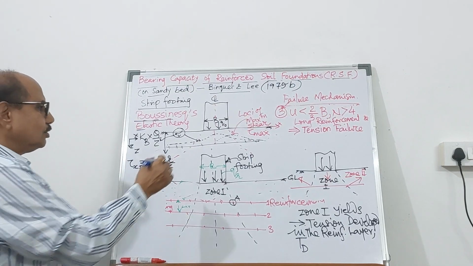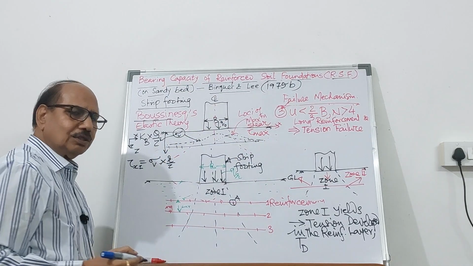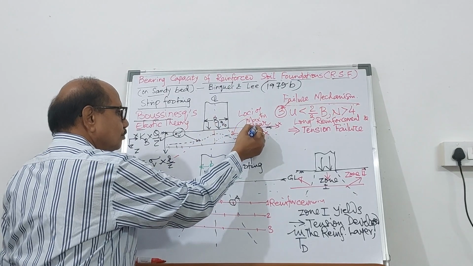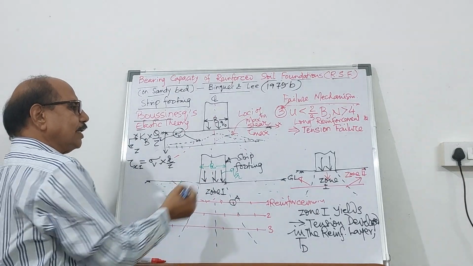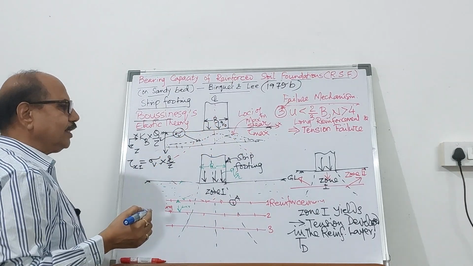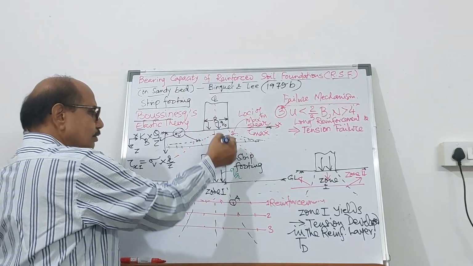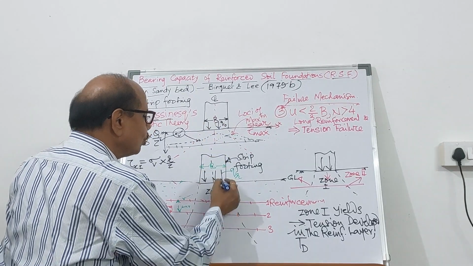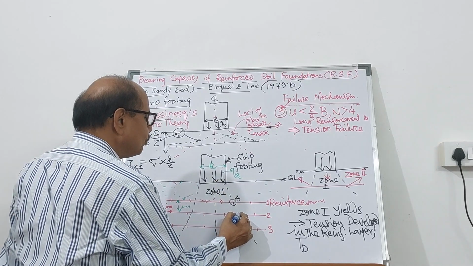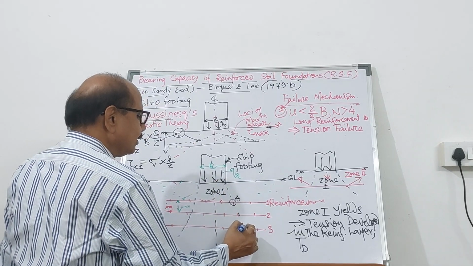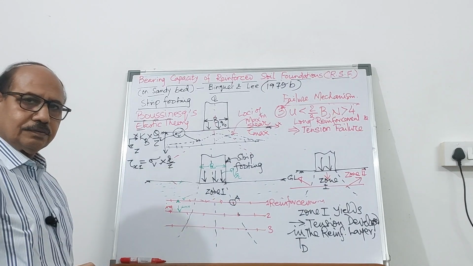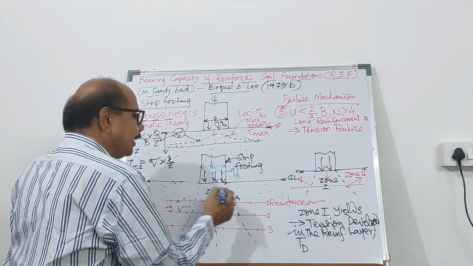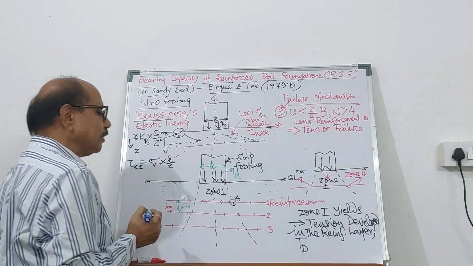So friends, you can very much plot this locus, the variation of maximum shear, and you can find out the point of maximum shear. If you join all the points of maximum shear, you will get this locus. Point A, point B, point C. So at A, this is the first reinforcement.